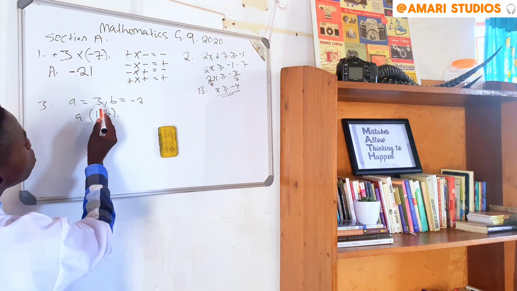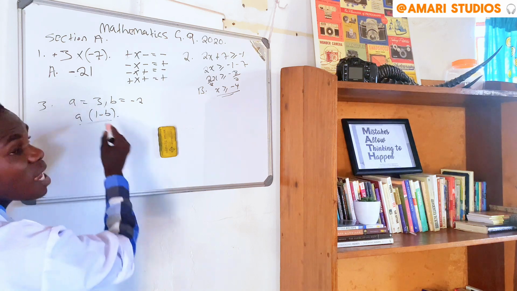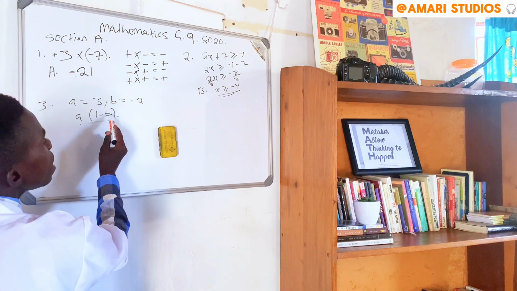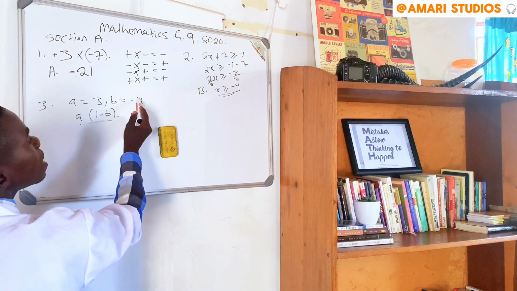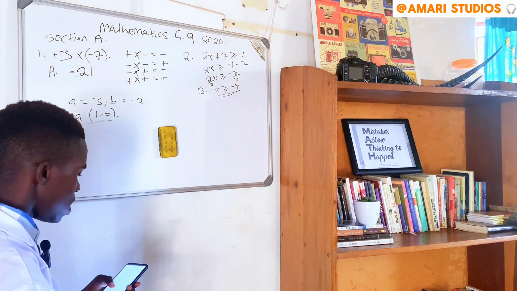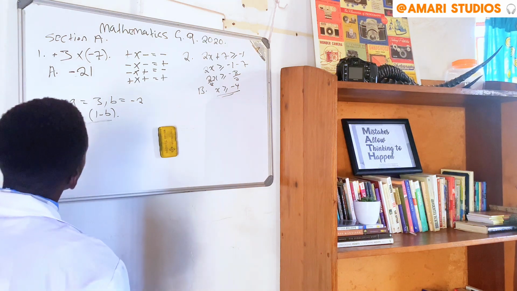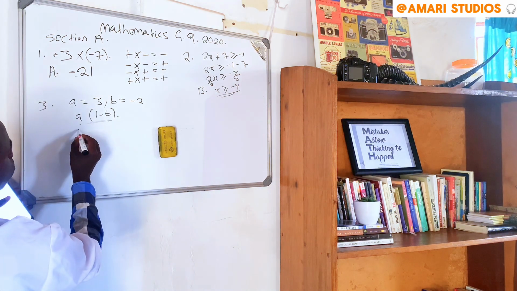Where there is A, you replace with 3, and where there is B, you replace with -2.